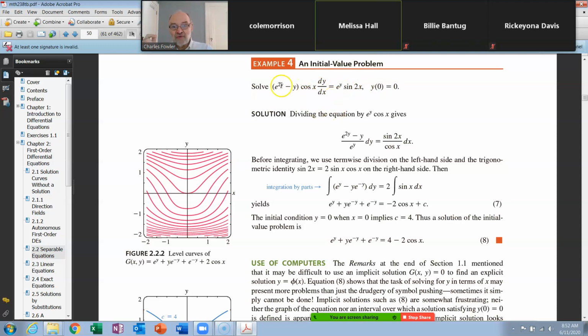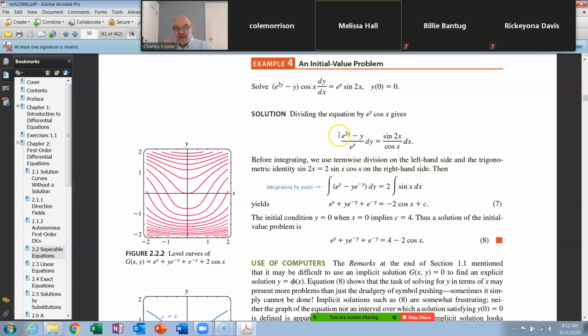Okay? So your left-hand side becomes (e^(2y) minus y) divided by e^y. That's what you got here, dy. And the right-hand side becomes sine 2x divided by cosine x times dx. Now, before integrating, let's do what they call termwise division.